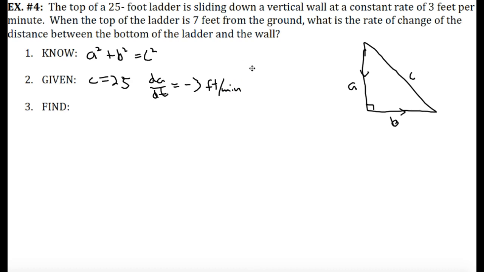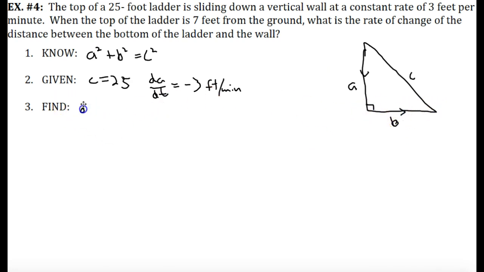Then, when the top of the ladder is 7 feet from the ground, what is the rate of change of the distance between the bottom of the ladder and the wall? So what I want to find is the distance between the bottom of the ladder and the wall. So that's dB dt.